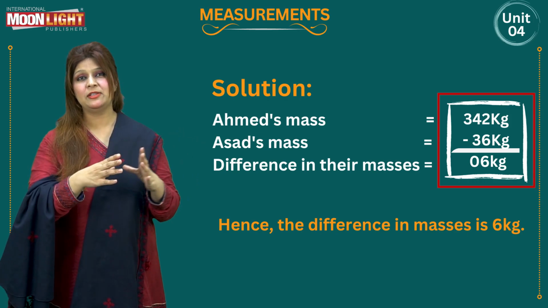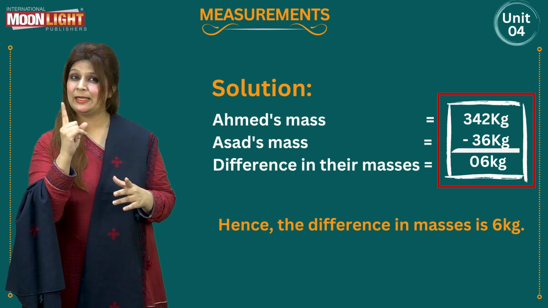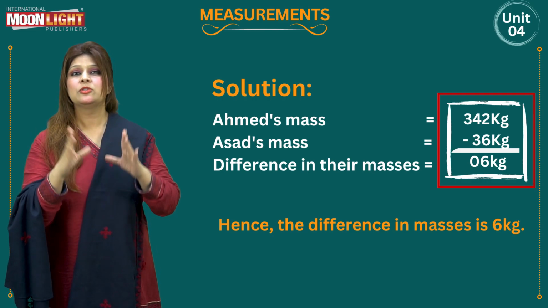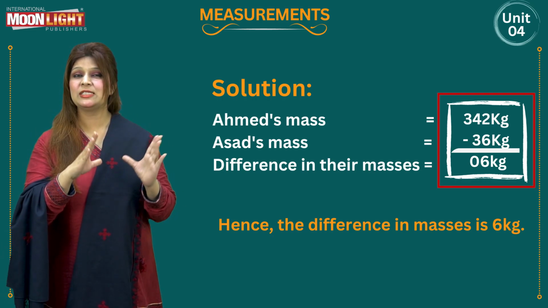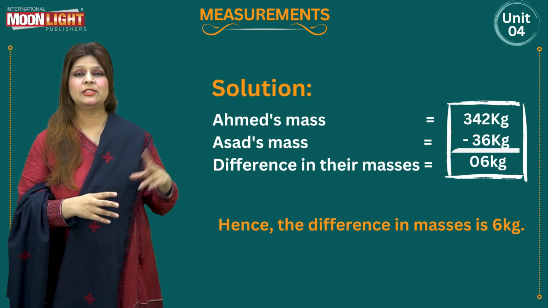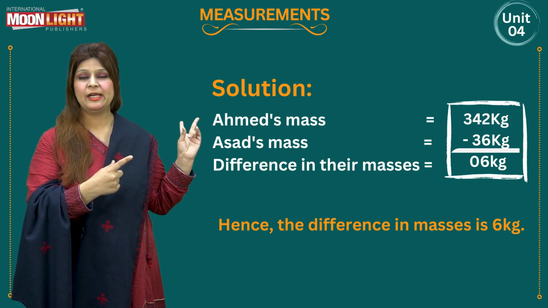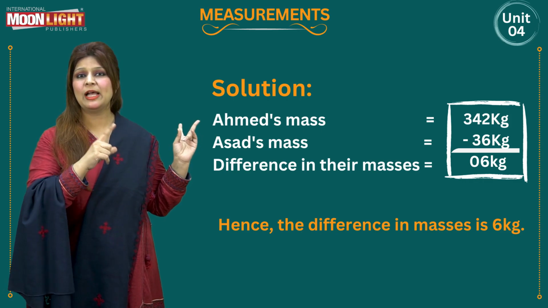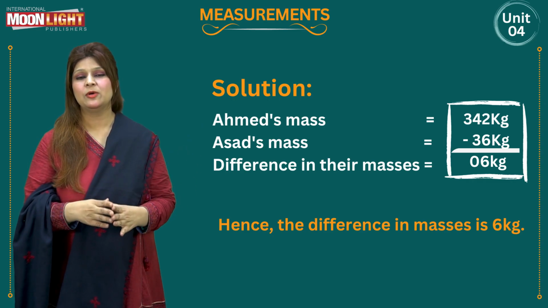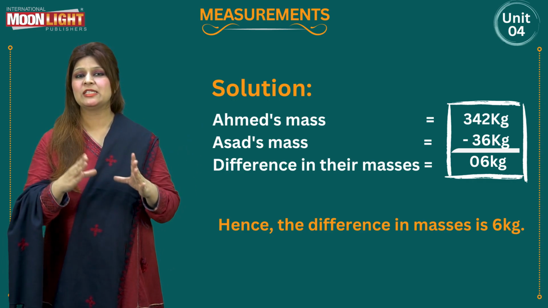Cut it and write 3 because this has given one number to my neighboring number, which is 2. So this is not 2 now. This is 12 because 10 he has given. So you are going to write 12 over here instead of 2. So 12 minus 6 is 6 and 3 minus 3 is 0. So this answer is 6 kg.